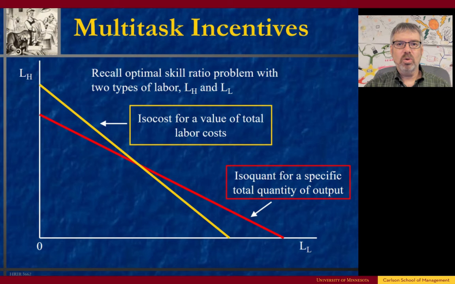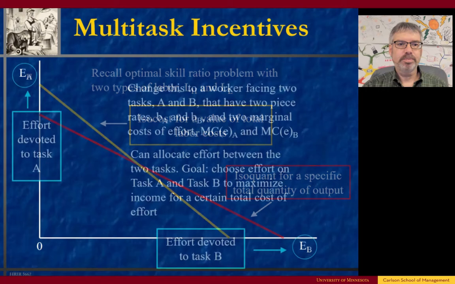And we have an iso-quant for two types of labor that are independent in the production process. And again, the iso-quant gives combinations of high and low skilled labor that gives this same amount of total output or quantity. And so let's think about switching this to an individual level and thinking about two different types of tasks, two different types of effort.